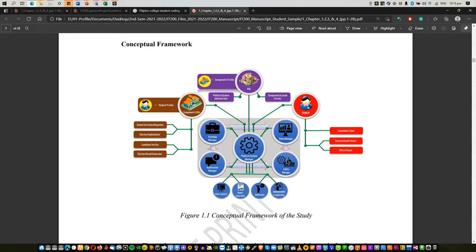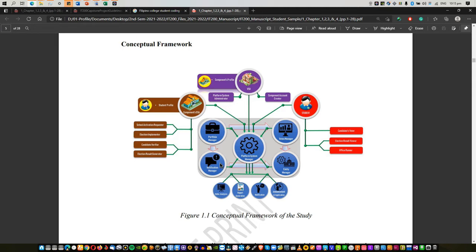So kani dinhi sa iyahang kuan, as you can see, na siya gear nga setting, so to represent the platform system. Okay, and the system as a whole is composed of different modules, no?